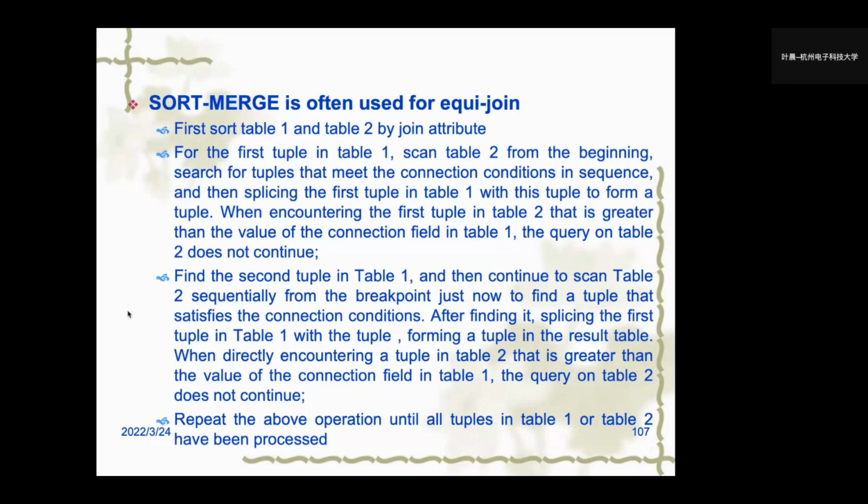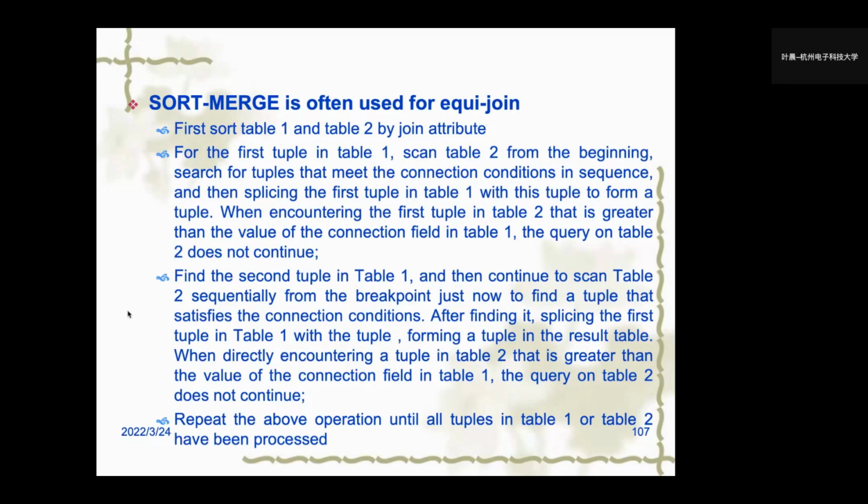And then find the second tuple in table 1 and continue to scan table 2 sequentially from the breakpoint just now to find a tuple that satisfies the connection conditions. After finding it, splice the tuple from table 1 with the tuple and form a tuple in the result table.